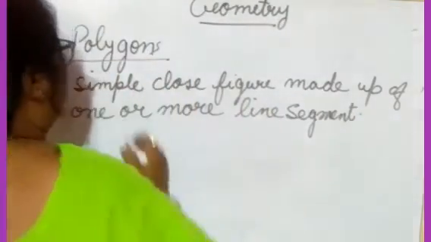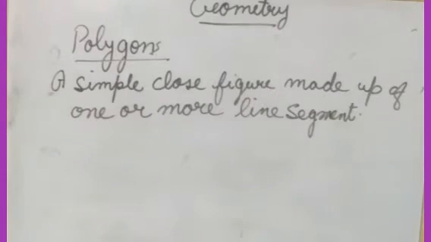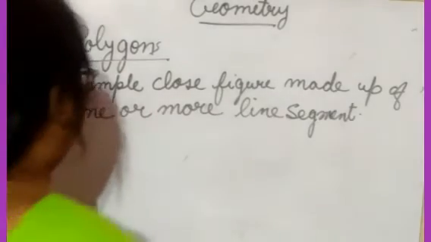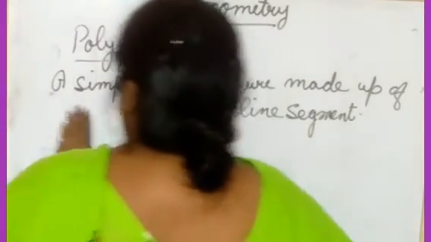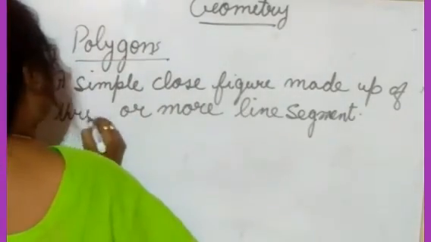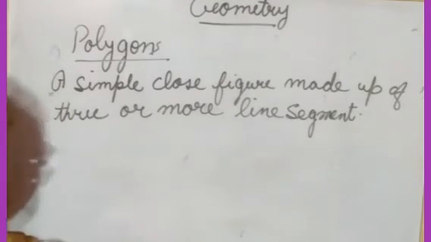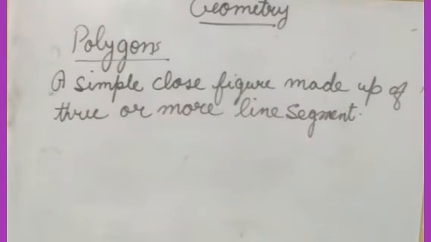So what is a polygon? A simple closed figure made up of 3 or more line segments. Clear?